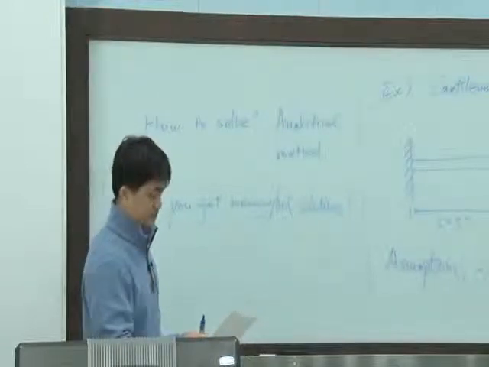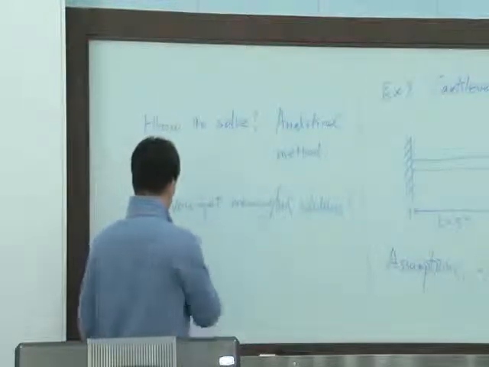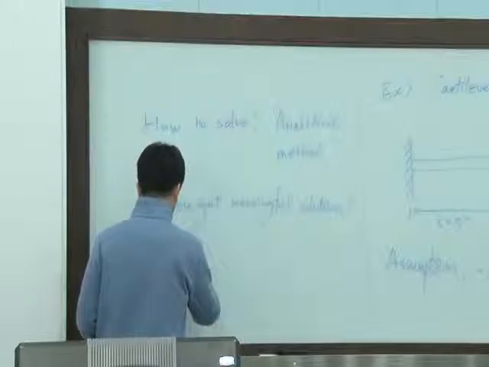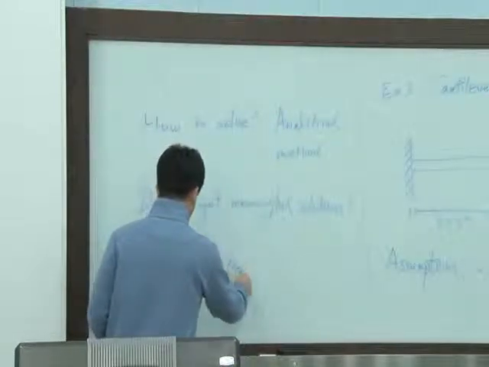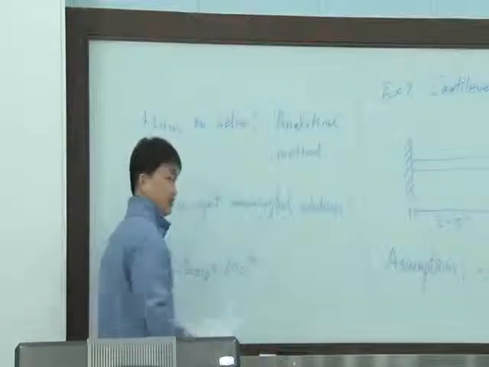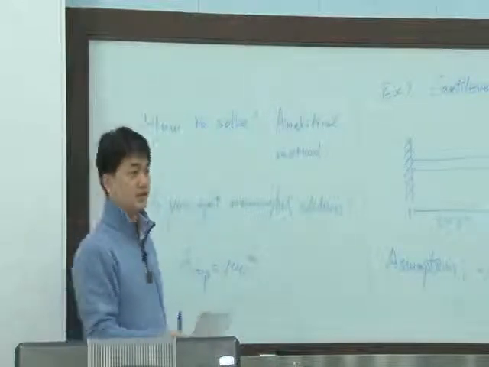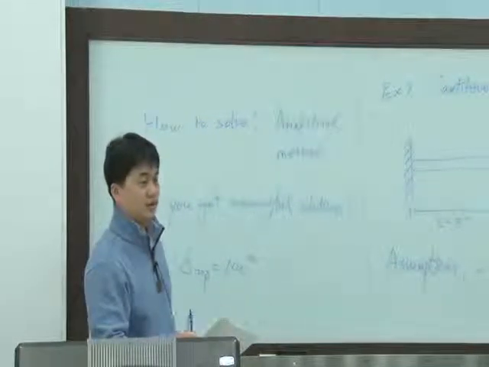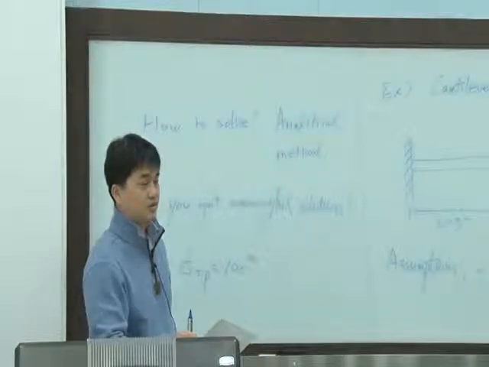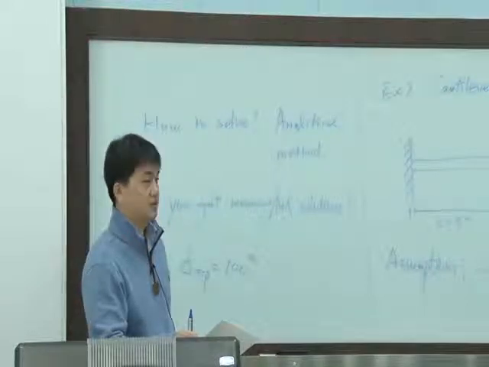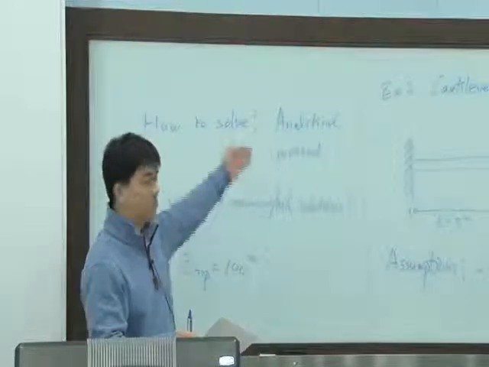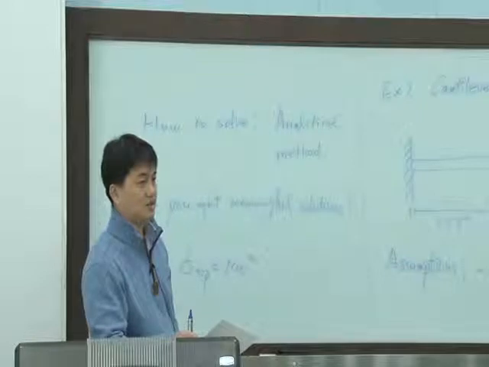For example, say the displacement at the tip is 100 meters. Is this a proper solution or not? We can check it. The length of the beam is just 5 meters, but the tip displacement is 100 meters.